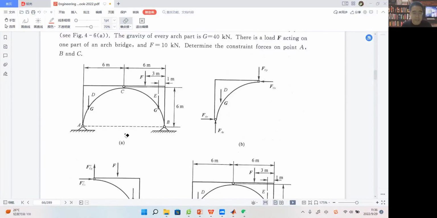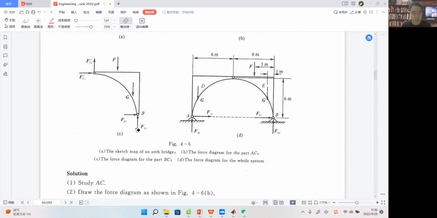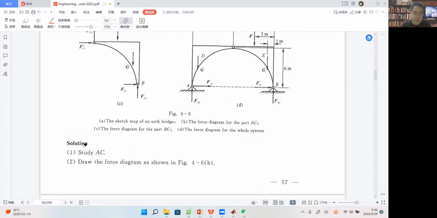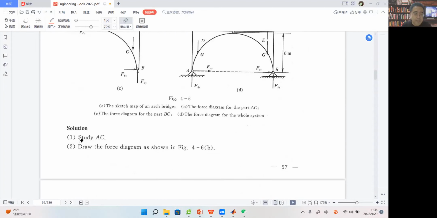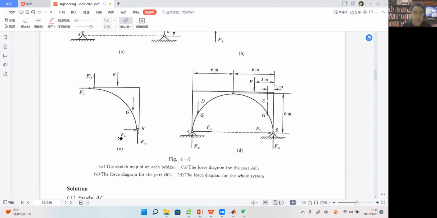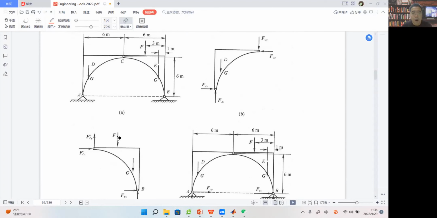So let's continue, right? We will look at the solution first, and then we will look at the force analysis. So step one, we will study AC. When we say select AC to be the object to study, we should think that we free this AC from the whole system, right?